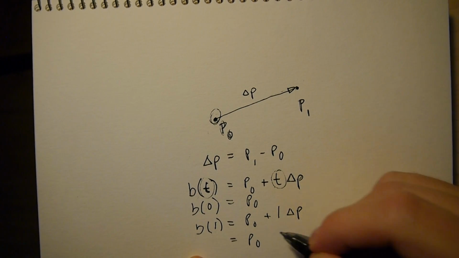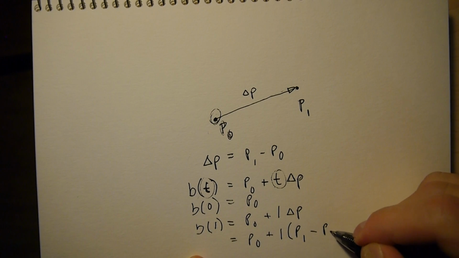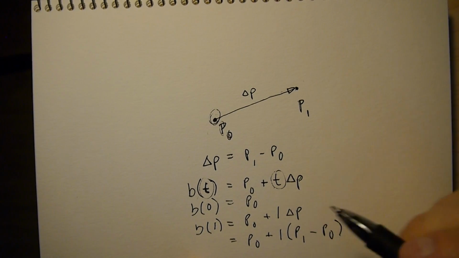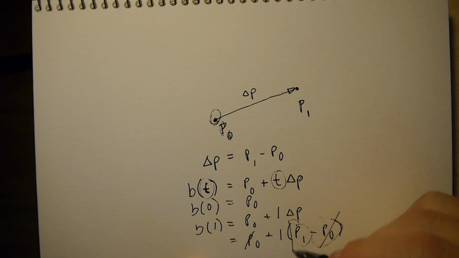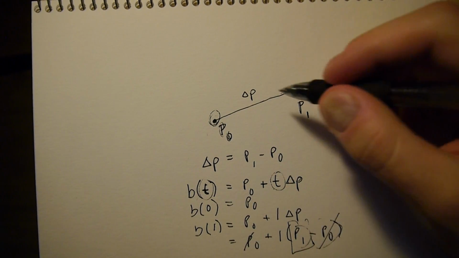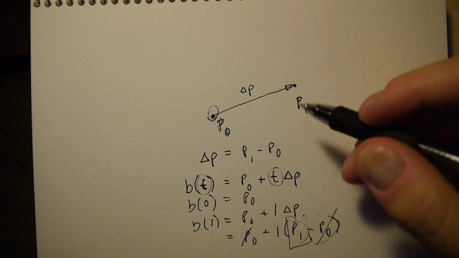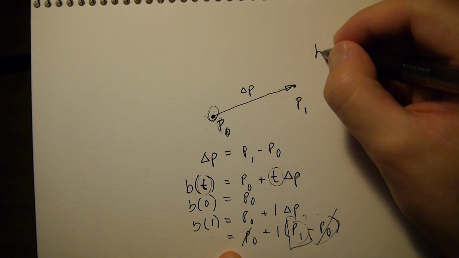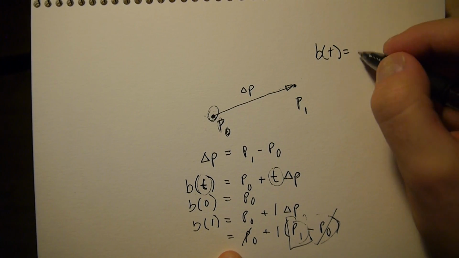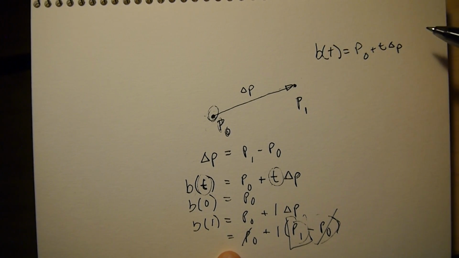If for some reason you did not believe me, 1 times p1 minus p0, well, hey look, I've got a positive p1 and a negative p0, the p0s cancel, and I'm left with just the p1, right? So I can see just from this simple construction that I can produce something that gives me values in between these two: b of t is equal to p0 plus t delta p, right? That's my little function.